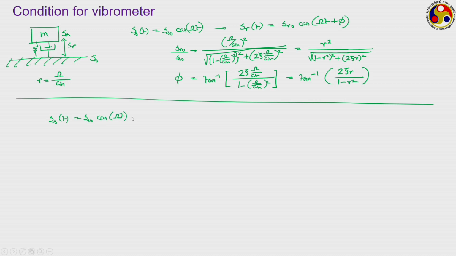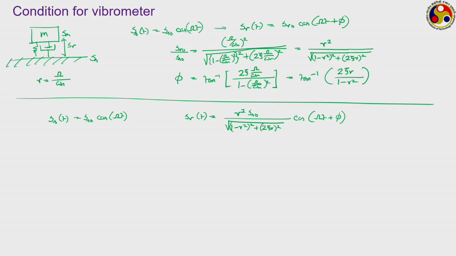This is the displacement that we are looking to measure, and at the output side we are getting T equal to r square into SSO over root of (1 minus r square) whole square plus (2 zeta r) whole square, cos of omega t plus phi. I am just repeating the earlier sentence.